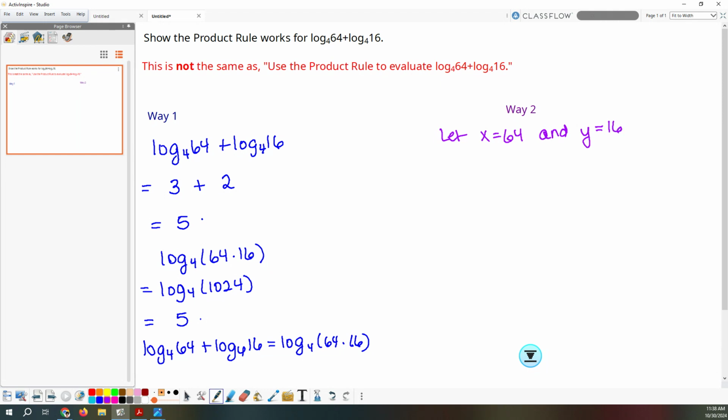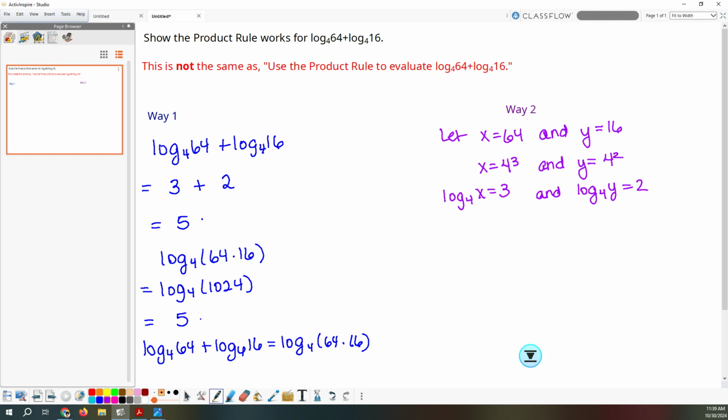So that means that x equals 4 cubed and y equals 4 squared. Let's write both of these equations in logarithmic form. So we have the log base 4 of x equals 3 and the log base 4 of y equals 2.